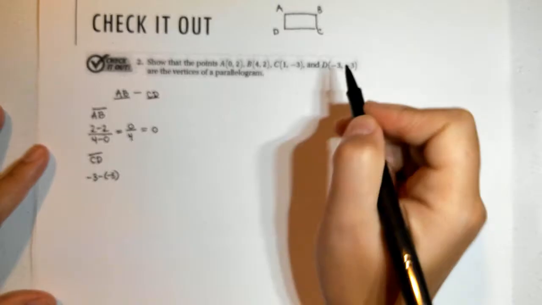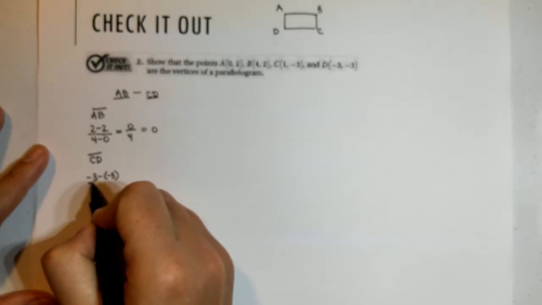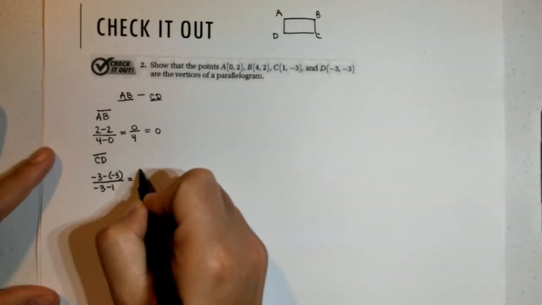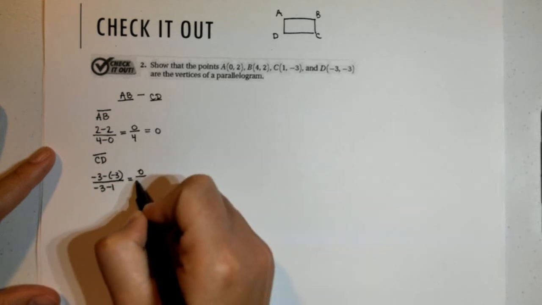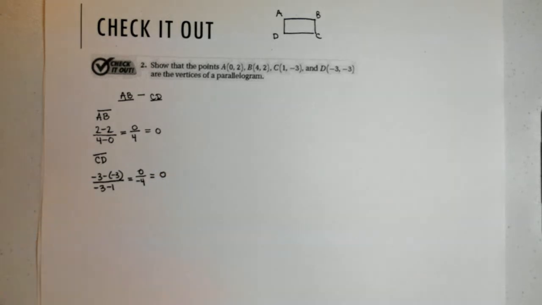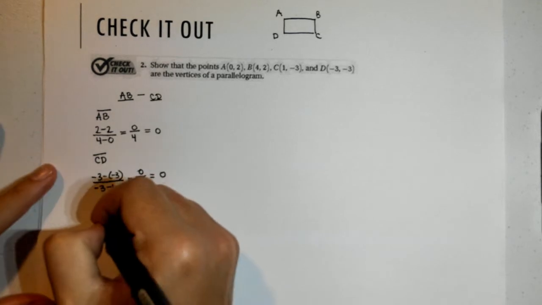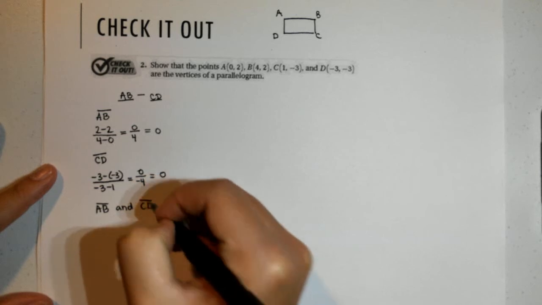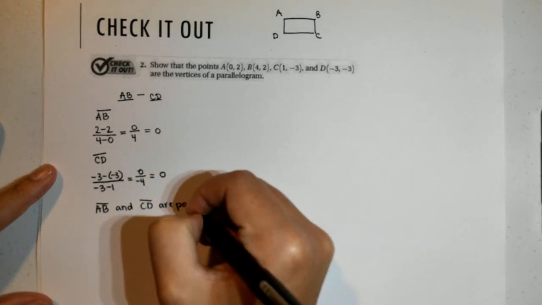So I'm going to have negative 3 minus negative 3, and then negative 3 minus 1. Negative 3 minus negative 3 will become negative 3 plus 3, which is 0. Negative 3 minus 1 is negative 4. 0 divided by negative 4 is 0. So here, AB and CD are parallel.